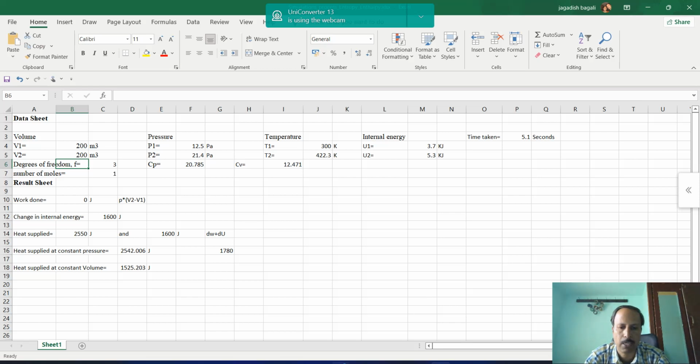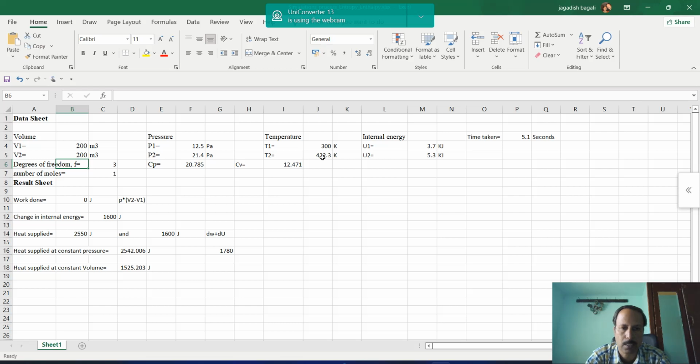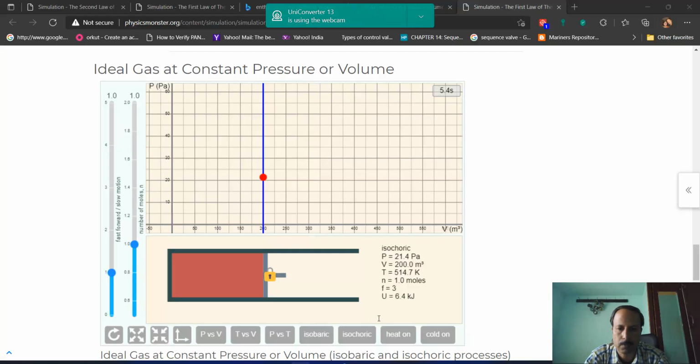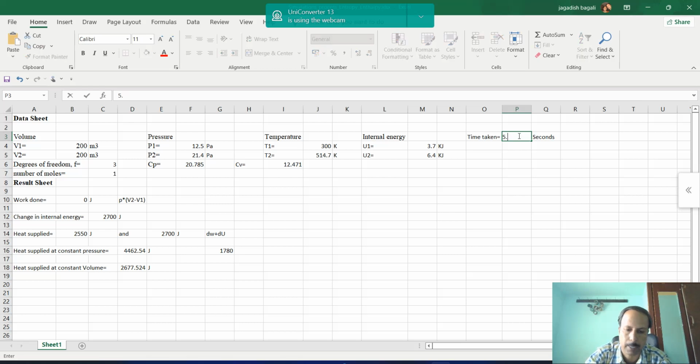New temperature value is 514.7 Kelvin. And new internal energy is 6.4 kilojoules, and then the time is 5.4 seconds.